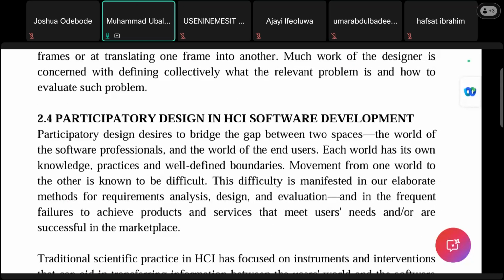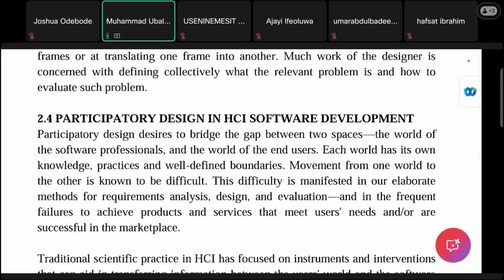So this is all trying to tell us that participatory design is taking design into the next level, where users and professionals work together in order to achieve a very important task. So remember, participatory design bridges the gap between two worlds, the world of the users as well as the world of the developers.